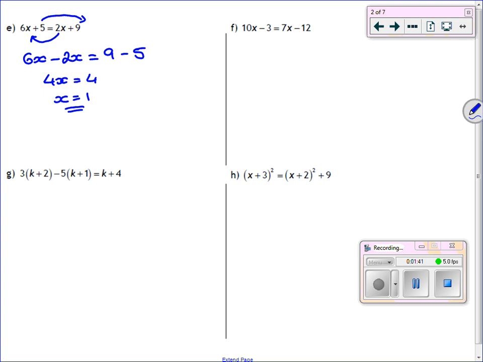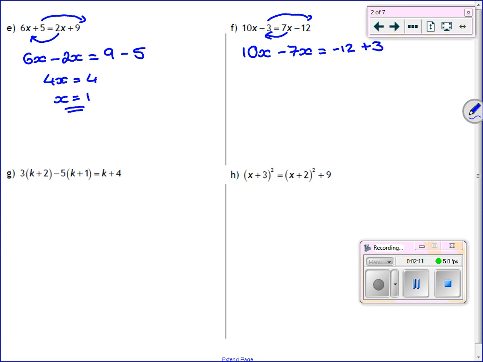Example F, 10x take away 3 is equal to 7x minus 12. Again, same process. Take the 7x over to the left hand side, and we'll take the minus 3 over to the right hand side. So that'll give me 10x take away 7x is equal to the minus 12 that's already there, and then the minus 3 becomes a plus 3.